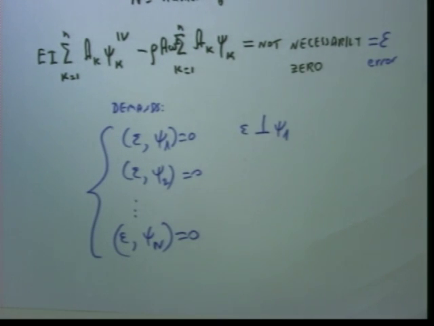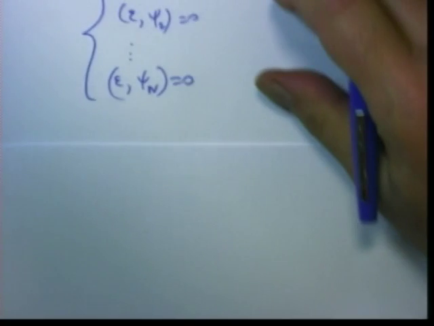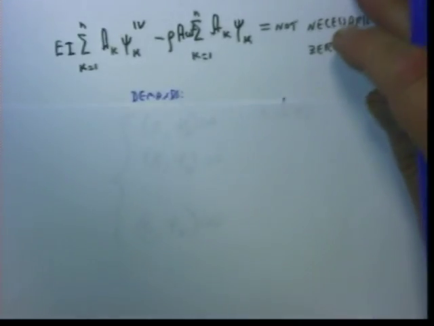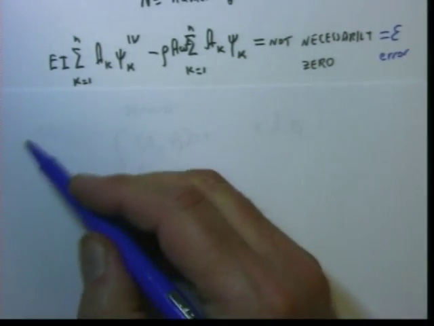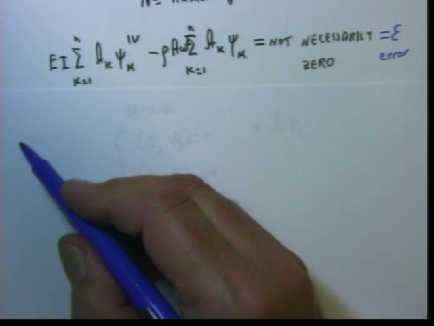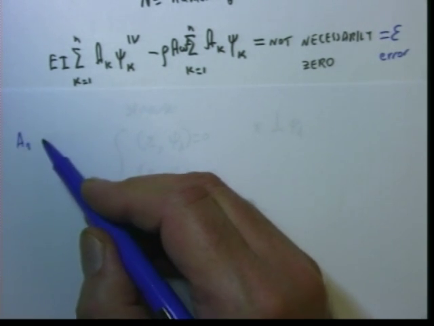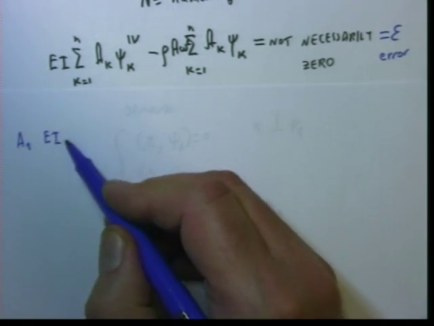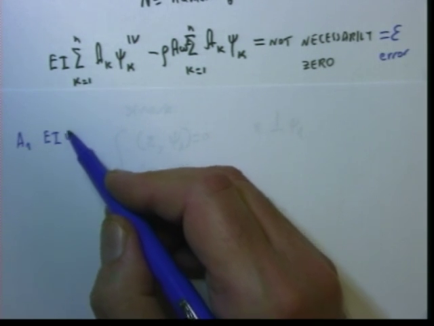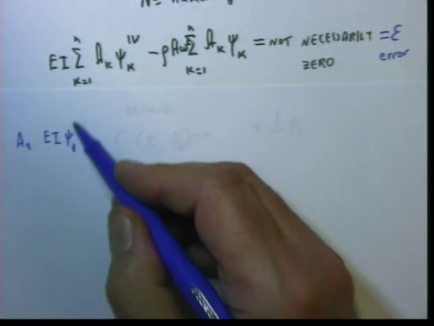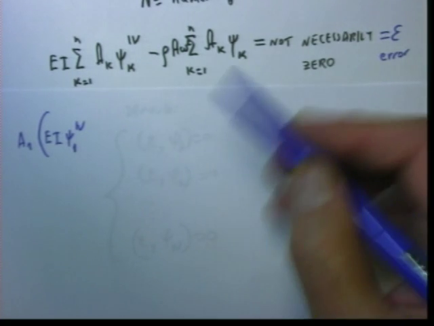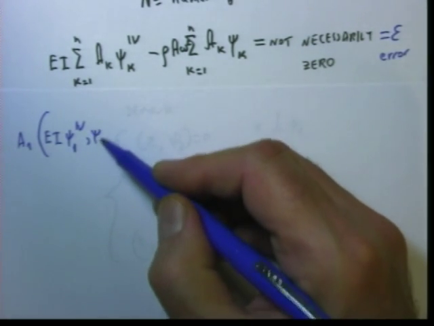So I will write down these conditions. Look, please. So I will have A1, then we will have EI psi k equals 1, psi 1 fourth derivative, and this is what I multiplied, psi 1.